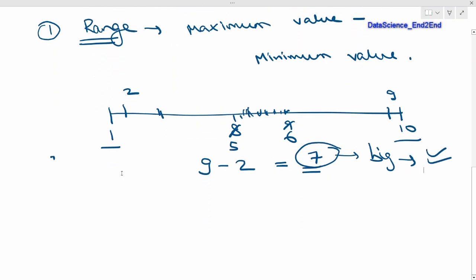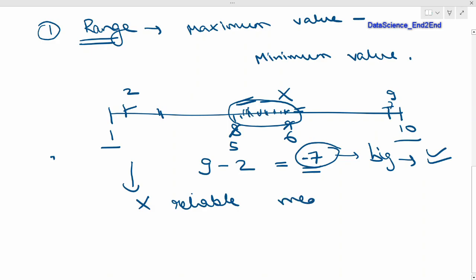But if you look at the data or the trend, that is not the case. Most of the observations are still located here, while because of some extreme values, we are getting such a high range. So while range gives you a quick snapshot of how the dispersion looks, it is not a reliable measure.